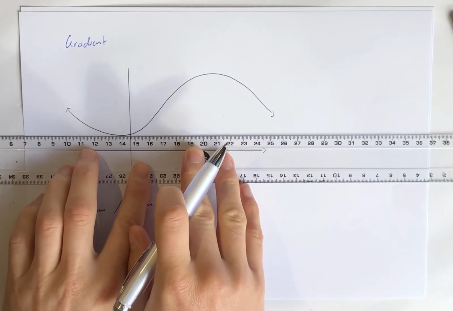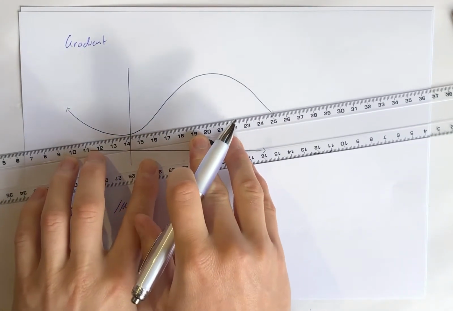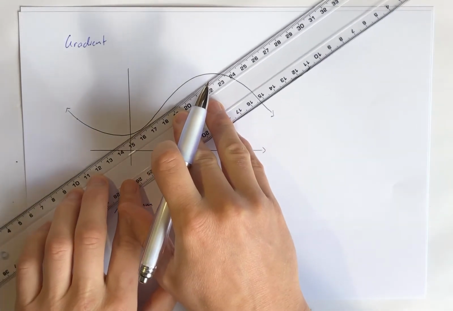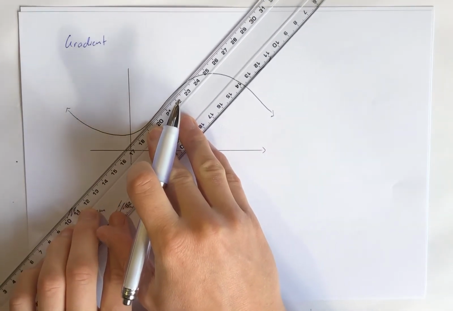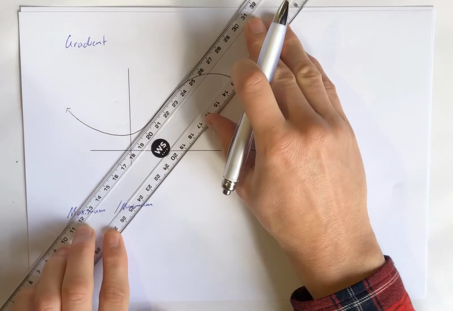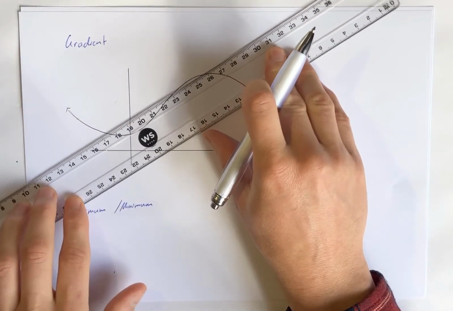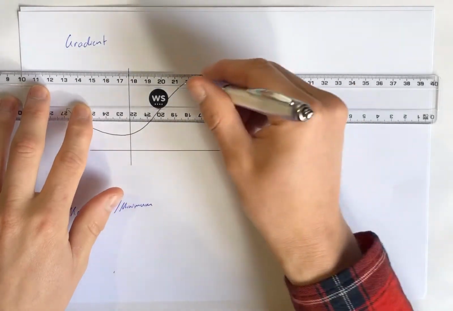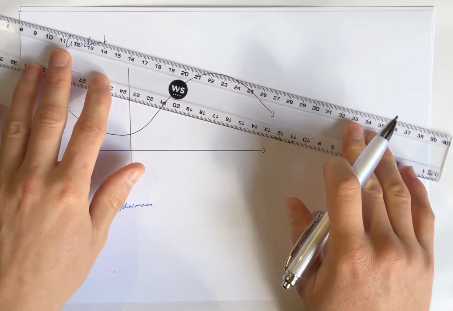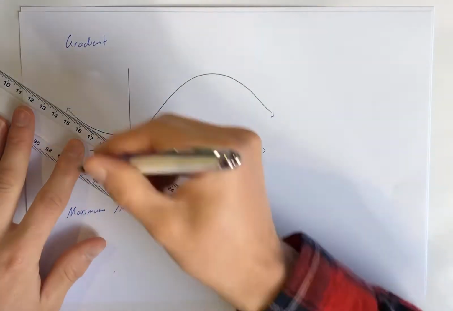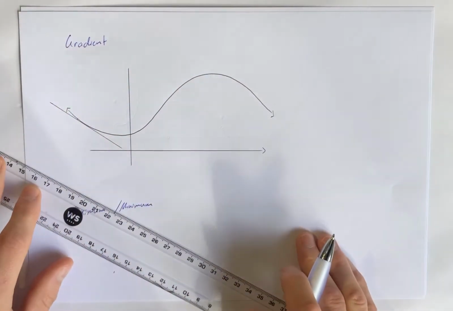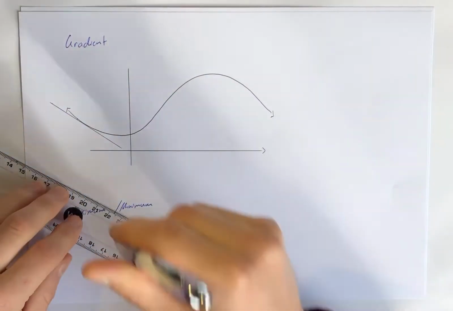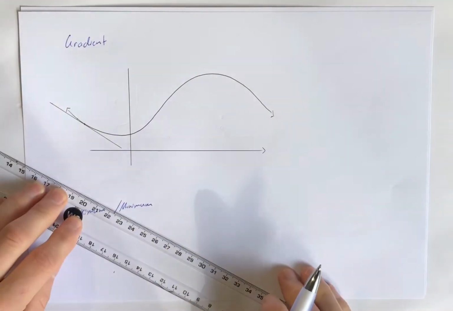So here it's 0, gradient is 0, and now it's positive, and now the gradient is very positive, and now it's getting less and less positive, goes to 0. So notice I'm always tangent to this curve, and now it's negative again. So you could have a tangent line there. You could measure that gradient and it would tell you the gradient at that point.